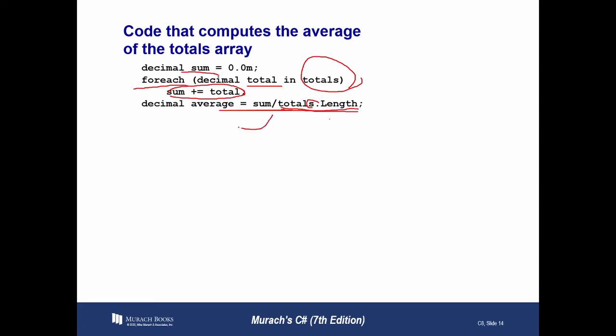Okay, and then I'm assigning it to this average. Okay, so again, for the for loop and the for each, you can call the totals within the operation, or you can call the length in there. Okay, so it's important that you understand that. I can't stress that one enough.